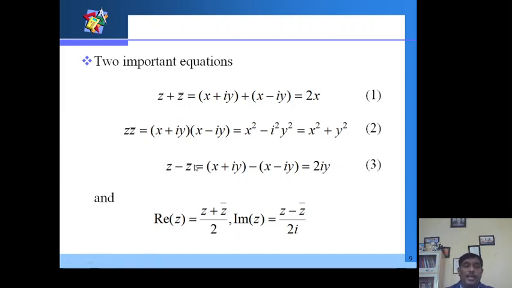Similarly, for the difference of the number and its conjugate, x plus iy minus x minus iy, you get 2iy; the real part is subtracted and the remaining is 2iy. Then using equations 1 and 2, the real part of z can be expressed as z plus z bar divided by 2, and the imaginary part of z can be expressed as z minus z bar divided by 2i.